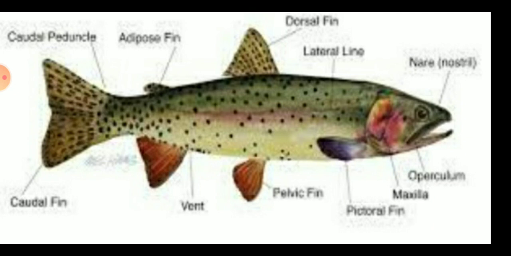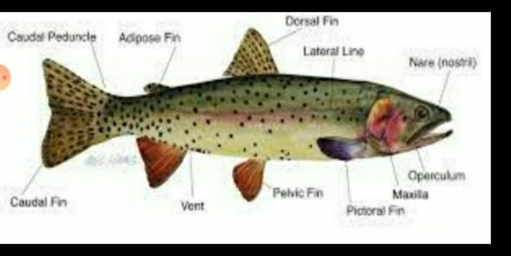The first comment is the body of the bony fish is streamlined. Streamlined means what? Streamlined means boat shape. Its body is boat shaped. Okay? Then second, the appendages are in the form of pectoral, pelvic, dorsal, anal, lateral and the caudal fins, which all help in the swimming process.